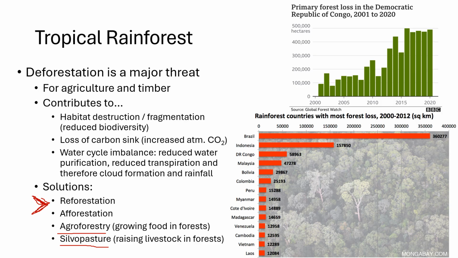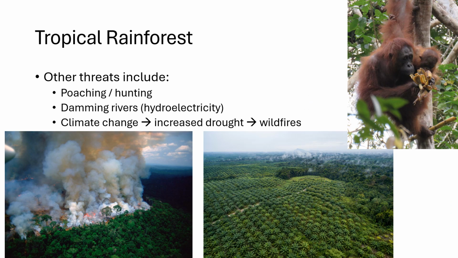On the bottom right, we have a picture of one of those palm oil plantations that I mentioned in the Indonesian and Bornean rainforests where we find the orangutans. So their habitat is threatened because of the monocultures of palm oil that is planted there. Other threats include poaching and hunting, damming of rivers, climate change.